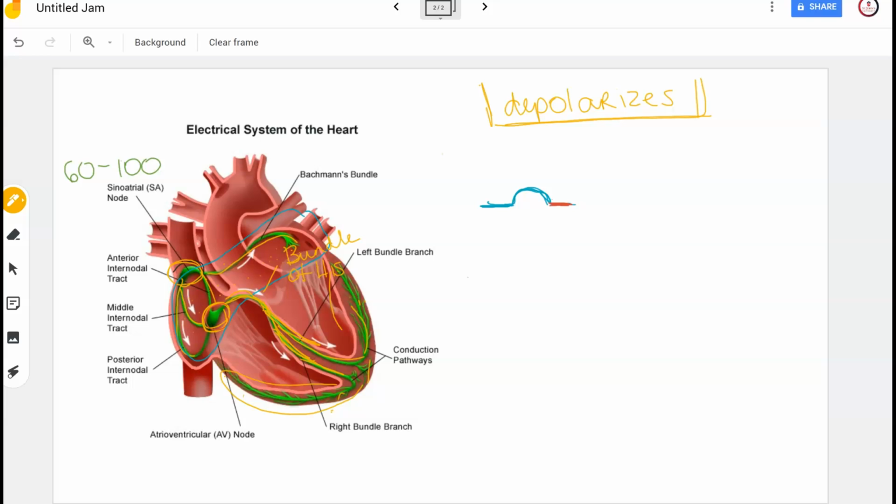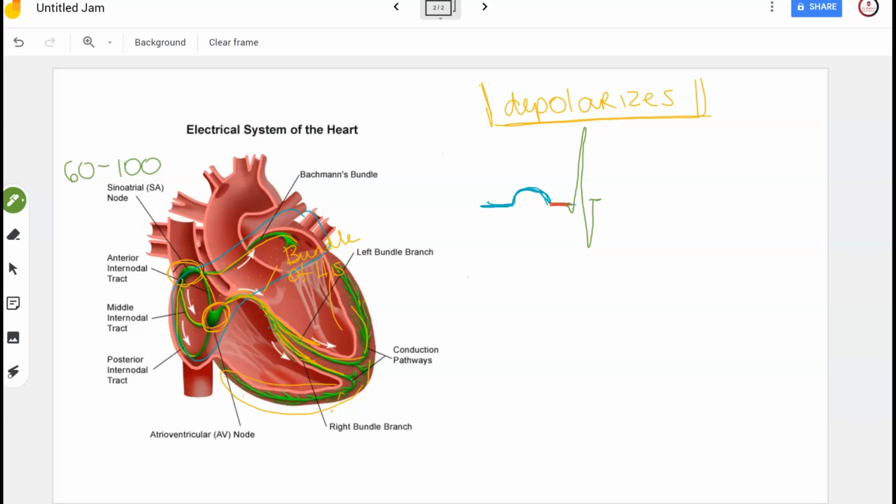They wrap around the entire heart and make sure that all of the different muscle cells are stimulated. As the electric moves down the conduction pathways, it gives you your QRS. So sometimes you have a little bump here and it goes up, down, and then comes back to your isoelectric line, okay?